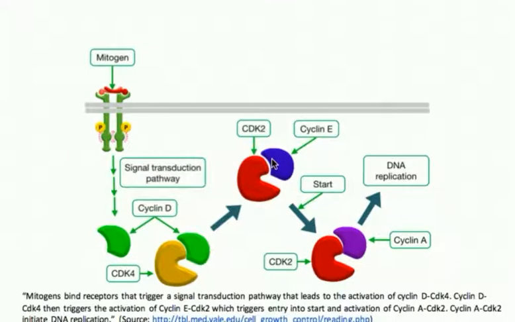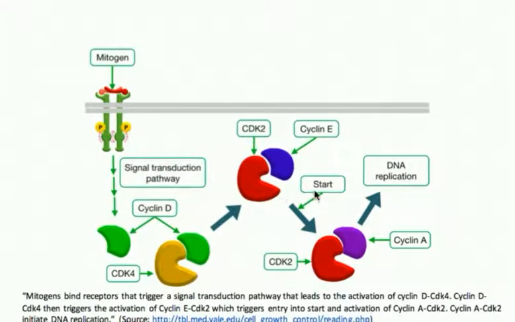Mitogens bind receptors that trigger a signal transduction pathway that leads to the activation of cyclin D and cyclin dependent kinase 4. Cyclin dependent kinase 4 then triggers the activation of cyclin E and cyclin dependent kinase 2, which you can see here.